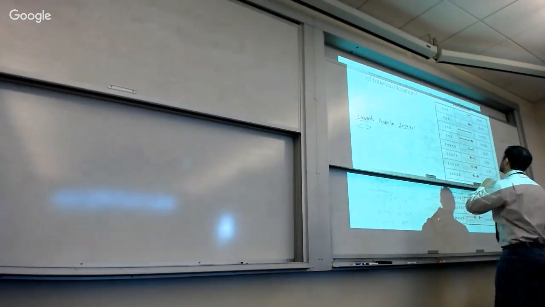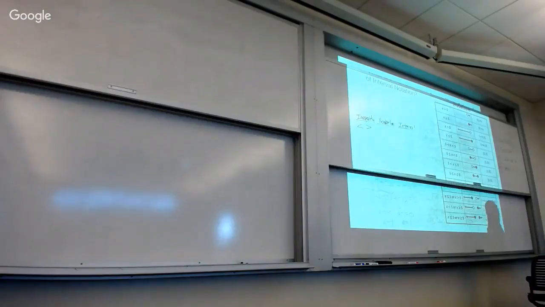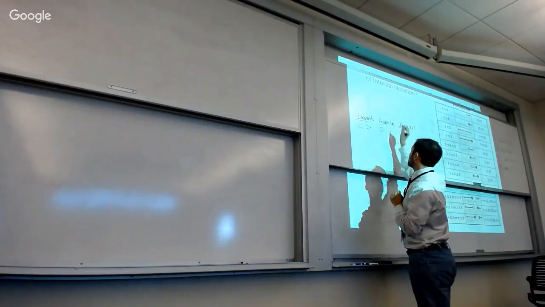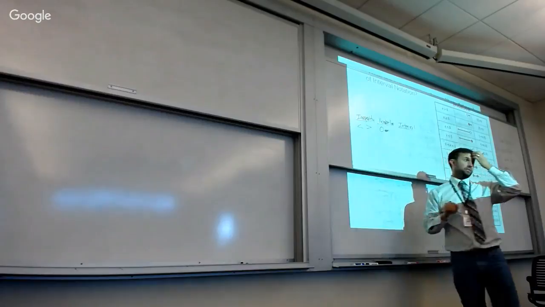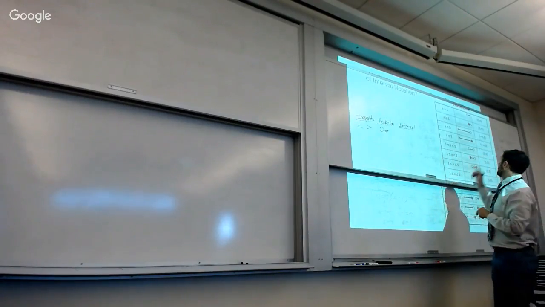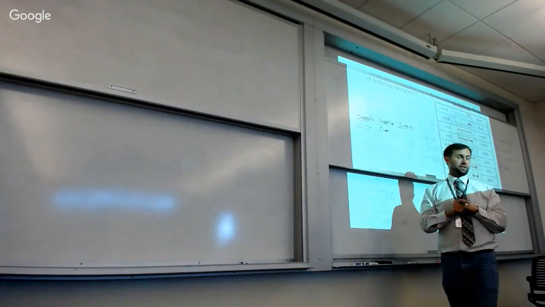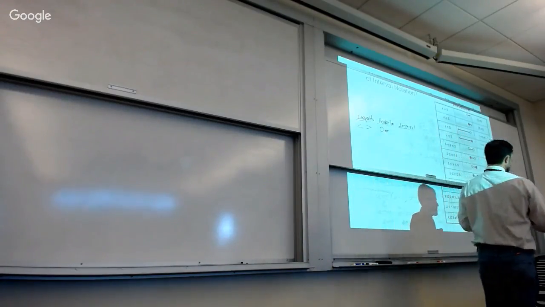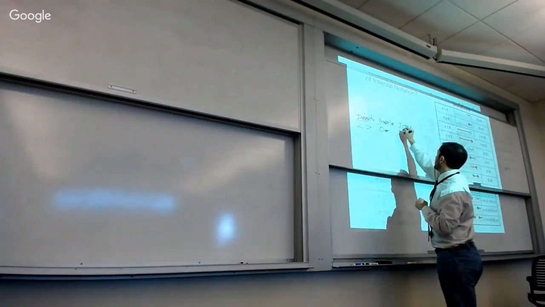It would be hollow? Yeah, it would be a hollow circle. We call that an open circle. You would use an open circle on the number line. Absolutely right. So if it's less than or greater than, use an open circle. Whereas on the interval notation, what would it look like? If you use less than or greater than, what would the interval notation look like here? Parentheses. Absolutely right.